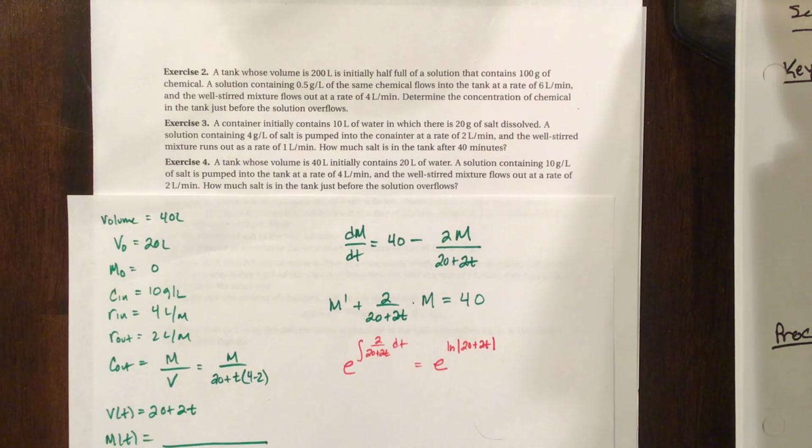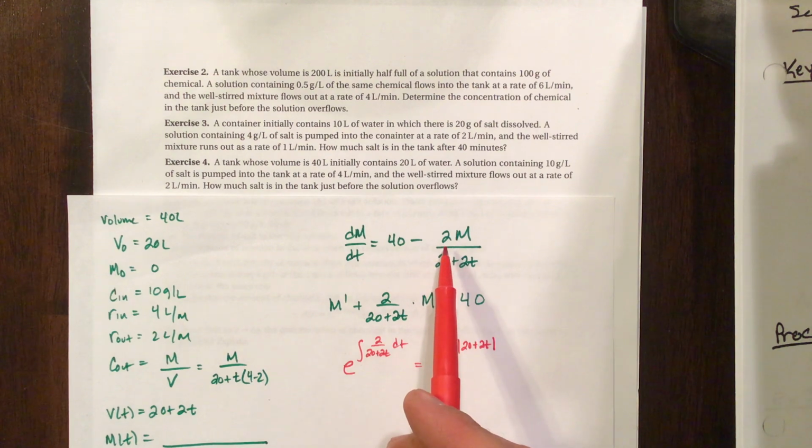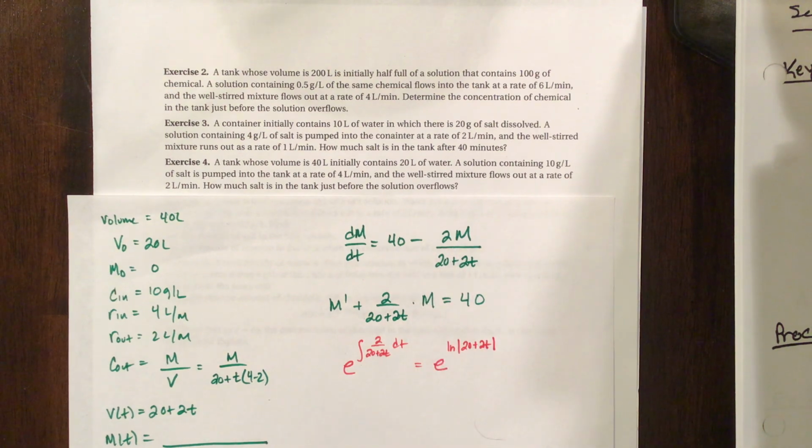I did this problem just a minute ago, and I had the wrong coefficient right here to start off with. I had it as 1 and not 2, just because I made a bonehead mistake. But had that happened, and this 2 was actually a 1, then there would be a 1/2 out in front of this natural log. And before you could cancel e and the natural log, the 1/2 would go into the logarithm, and it would write 20 plus 2t as a square root.